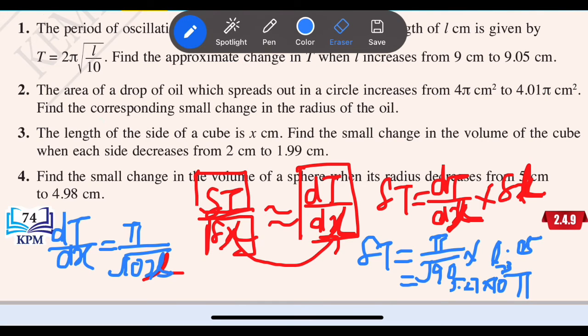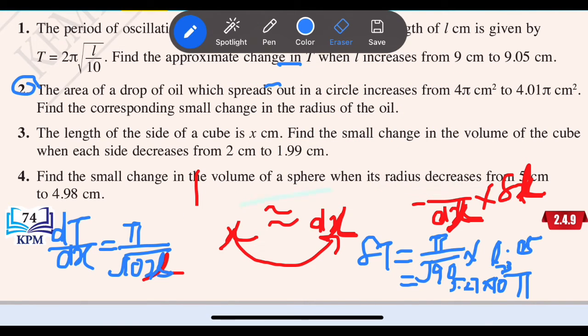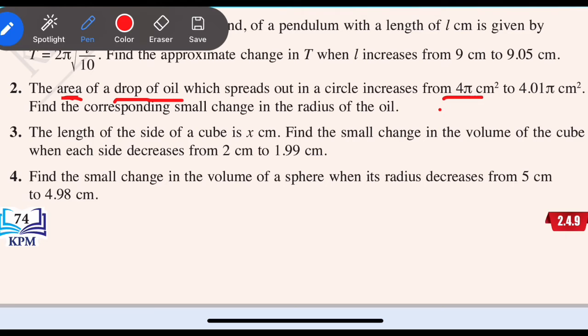Delta t can be found by using dt/dL times delta L. So this is how you work out the answer: 0.05 over 90 times pi, and the answer is 5.27 times 10 to the power of -3 pi. So we have managed to solve one of the hot questions for small changes involving differentiation.